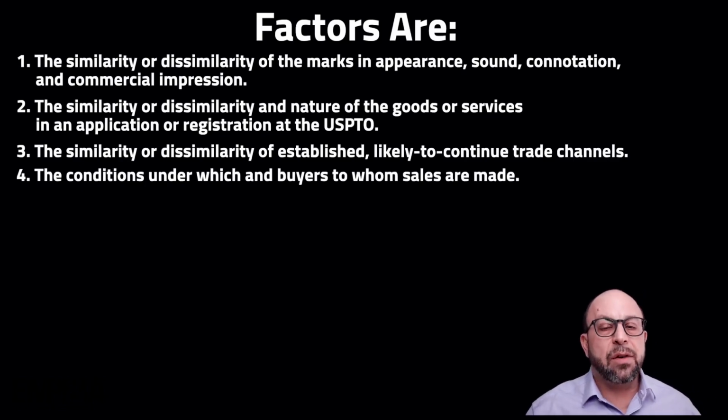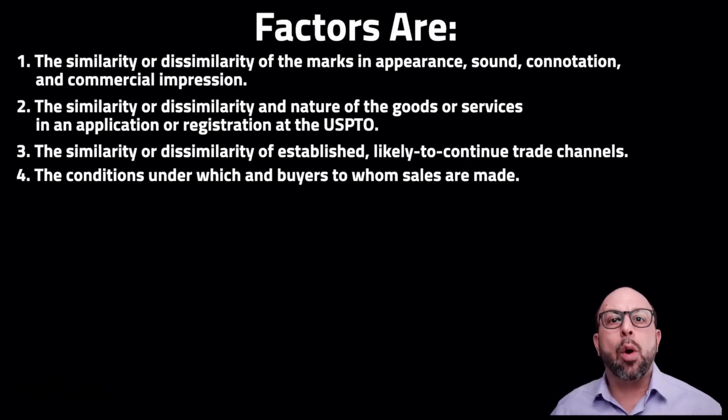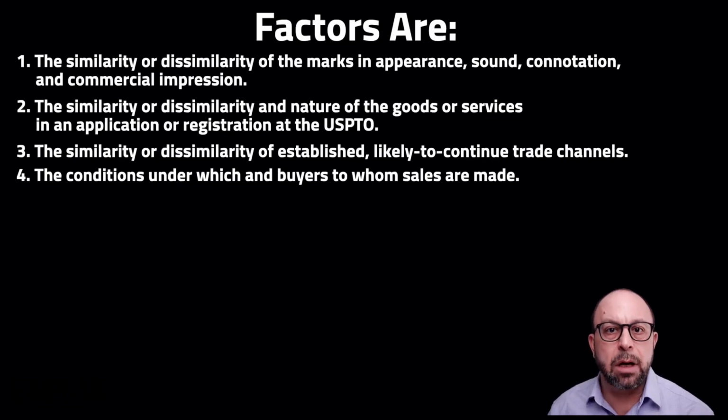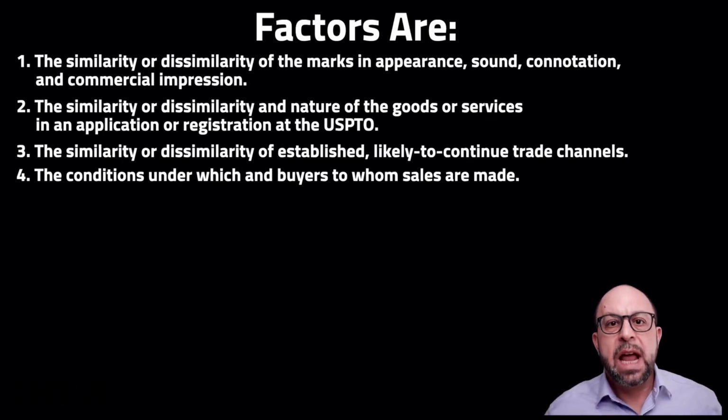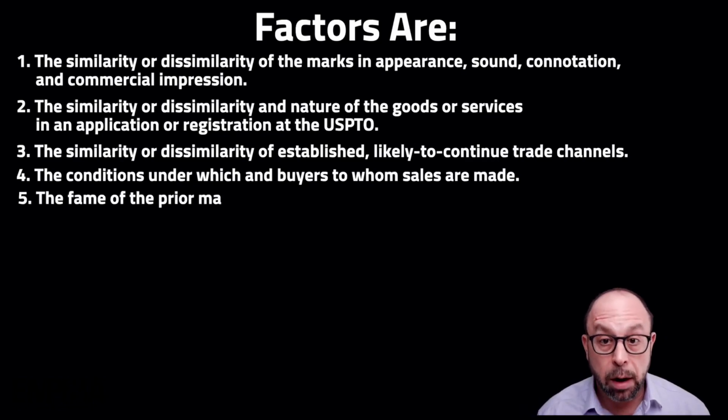So is it a sale that's made quickly without much thought on the fly, or is it a type of transaction, product or service where there's going to be a great deal of time and consideration and research involved in making a purchase? 5, the fame, if any, of the prior mark.